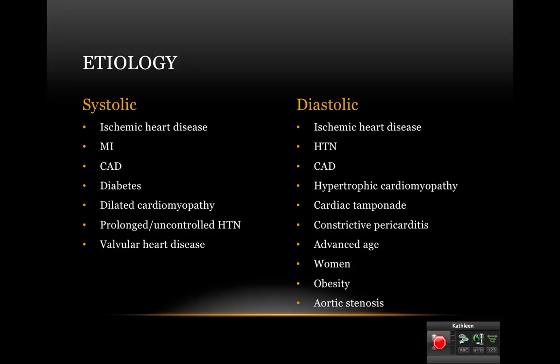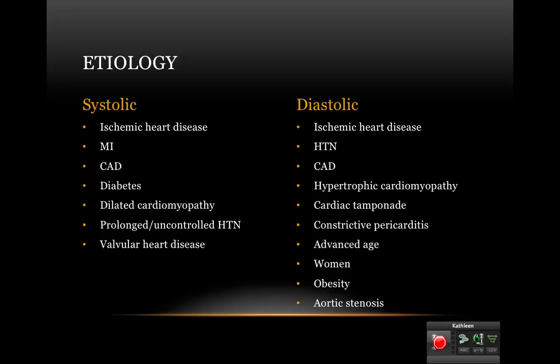Diastolic heart failure oftentimes is due to ischemic heart disease, hypertension, CAD, hypertrophic cardiomyopathy, and this occurs when the heart muscle cells enlarge and they cause the walls of the ventricles, usually the left ventricle, to thicken.